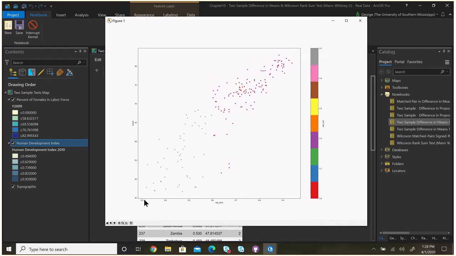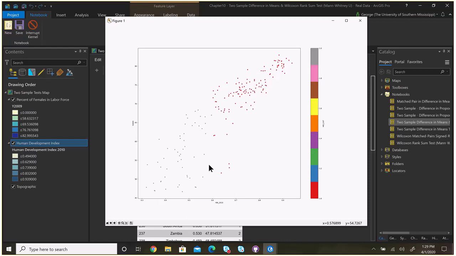On the x-axis is the Human Development Index, and on the y-axis is the percentage of females in the labor force. So in general, as the Human Development Index increases, we have an increase in the percentage of females in the labor force. So that's what that scatter means.